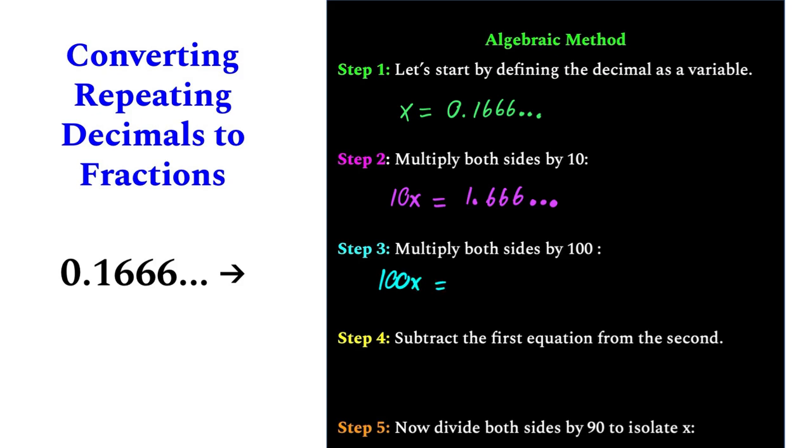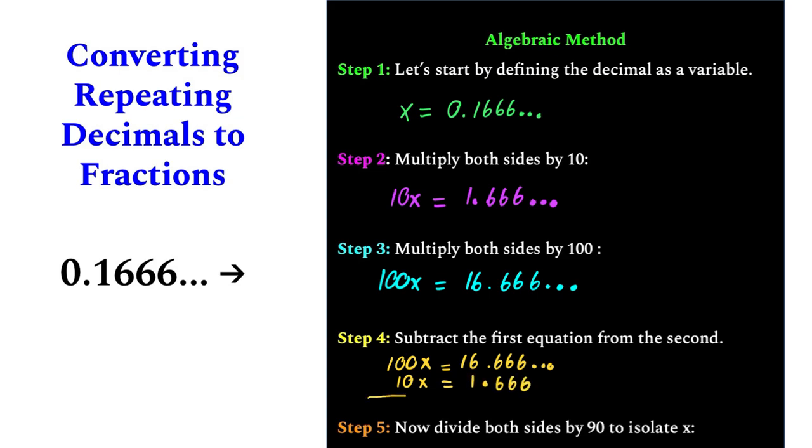100x equals 16.666. As you can see here, the repeating digits are on the right side of the decimal and they are aligned. Now subtract the first equation from the second. So let's go ahead and do that. 10x equals 1.666.